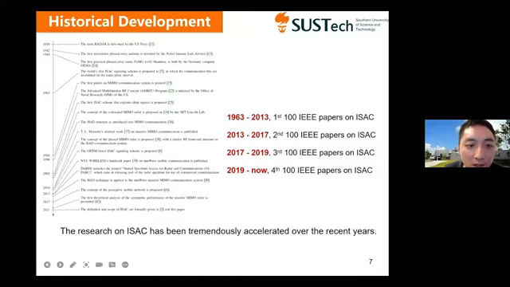This is actually earlier than what we know as millimeter wave communication. And in 2010, Marzetta's seminal work on massive MIMO communication was published. This technology has become the core technology of our 5G wireless networks.